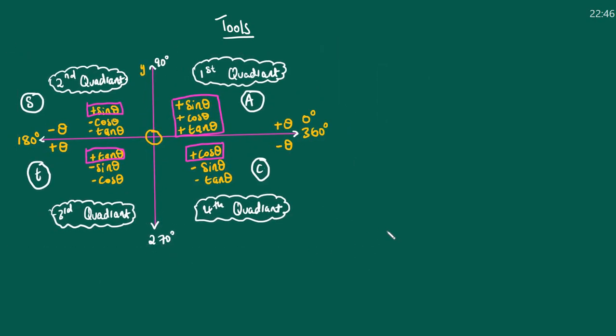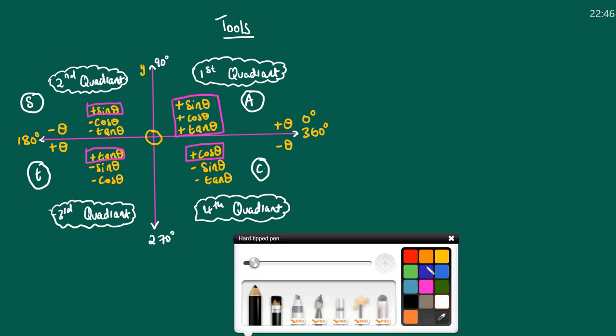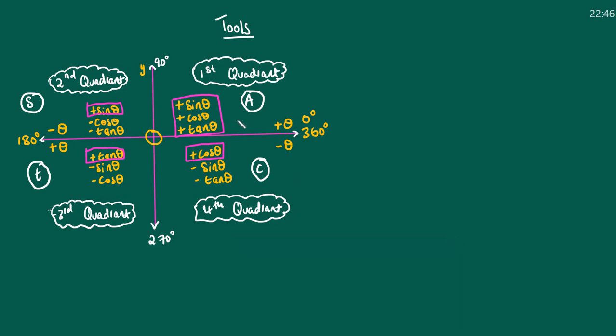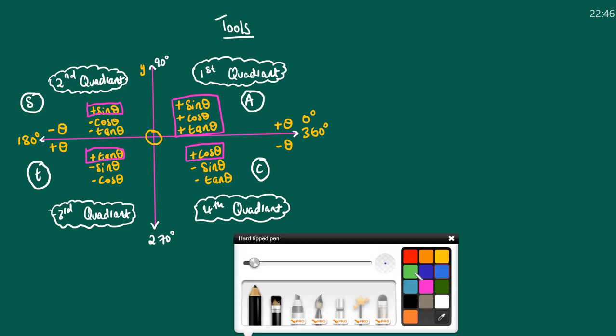Right. So another thing that I want to come to is that I'm going to bring back the fact that in here you have theta. Let me try a different one.